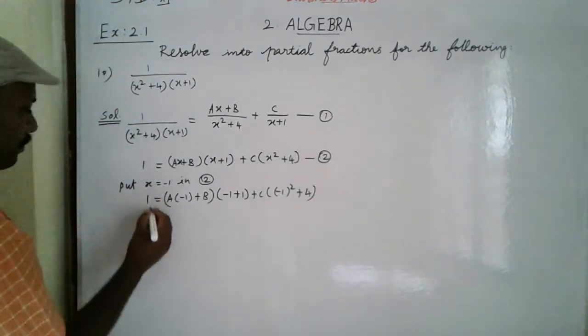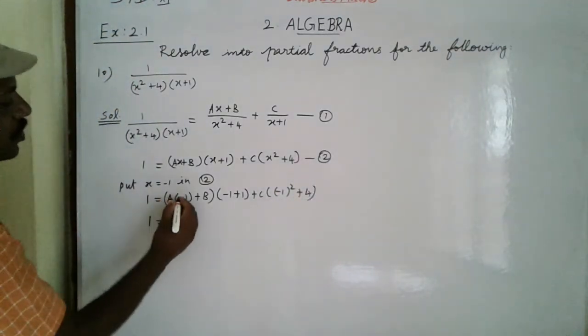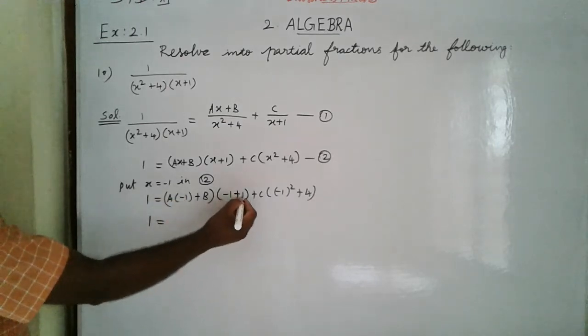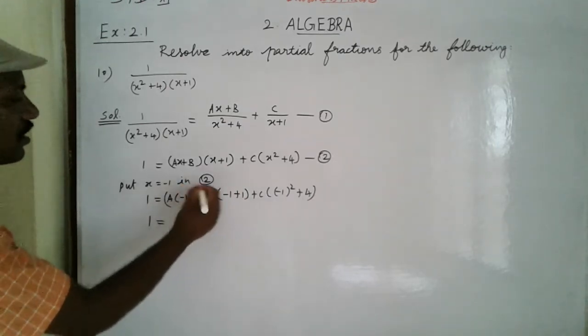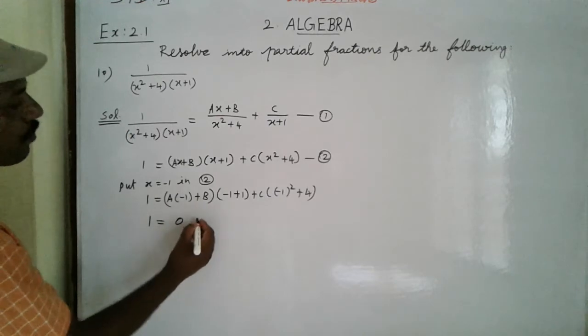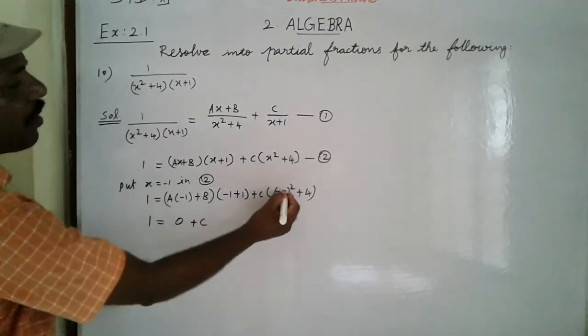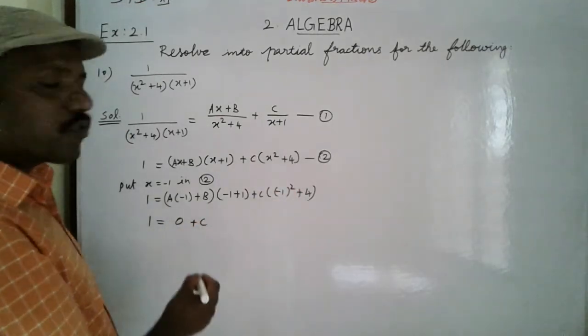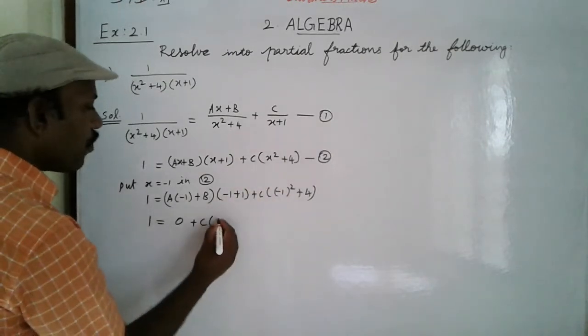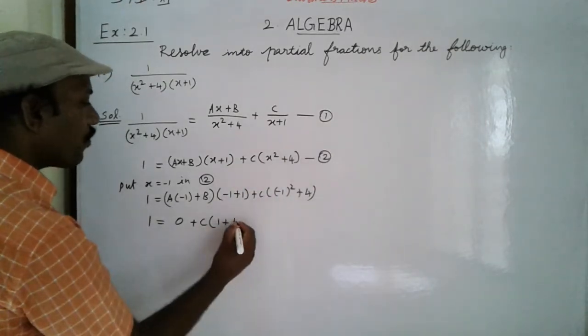So 1 equal to, minus 1 plus 1 is 0, and 0 into anything is 0. So 0 plus c into ((minus 1) whole square, which is 1, plus 4).